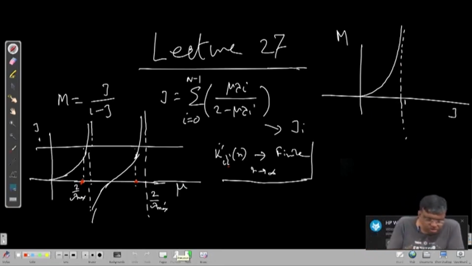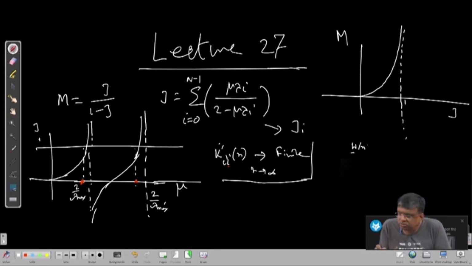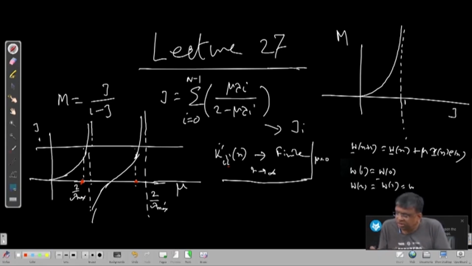We know that the LMS algorithm is W(n+1) = W(n) + mu x(n) e(n). So, if you take n equal to 0, W1 is W0, and suppose I take mu equal to 0, then this term is 0, then W2 will be W1, which is again W0.